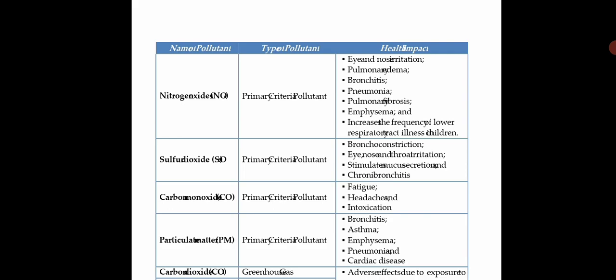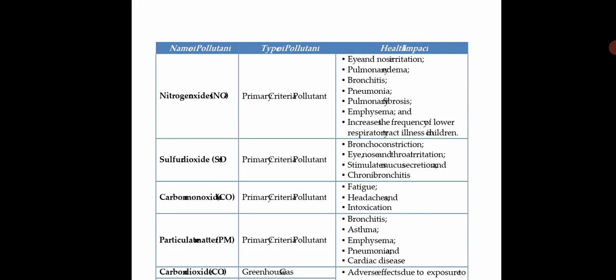Carbon monoxide is also known as a primary criteria pollutant. It induces headaches, intoxication as well as fatigue. Then particulate matter. When its concentration increases in air, it badly affects the health of human beings. It induces bronchitis, asthma, emphysema, pneumonia as well as cardiac diseases.